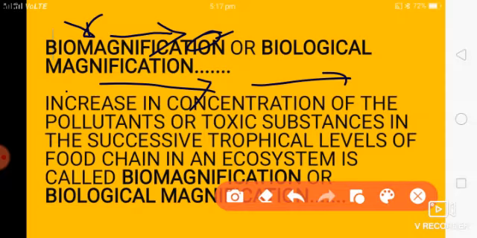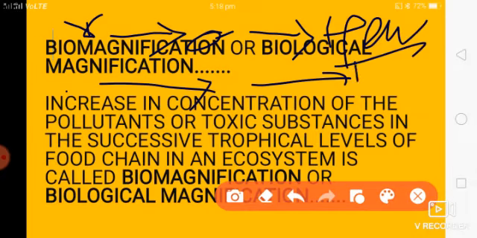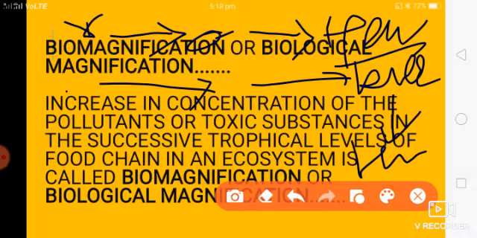That insect is eaten by, suppose, a hen or duck, and then a higher trophic level animal such as a human also eats the flesh or meat of the hen or duck.